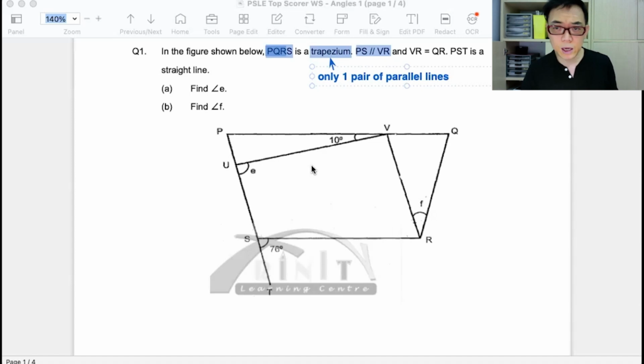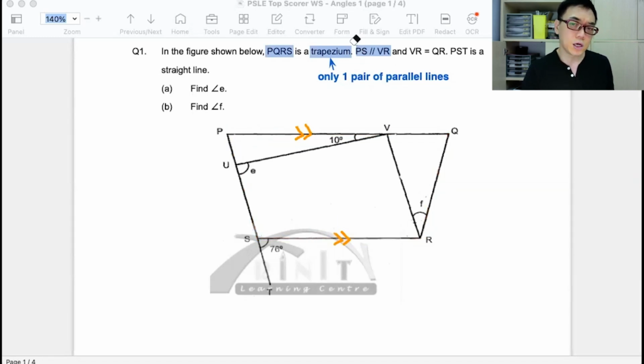Now, PQRS looks like this: P, Q, R, S. So if only one pair of lines is parallel, that pair has to be this pair. Obviously the other one is not, right? So that's the first thing you got to do.